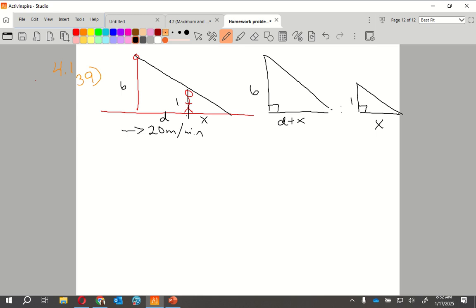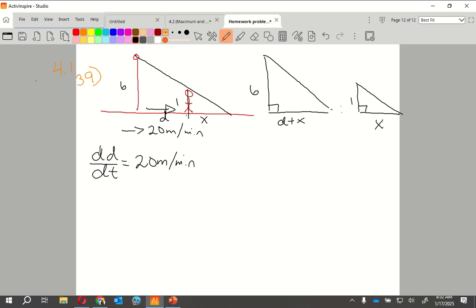Because with my little person here, this piece right here is the piece that's changing. Because that's the distance from the light pole, right? For the kid. So I have a change, which would be a distance from the light pole over time. There we go.